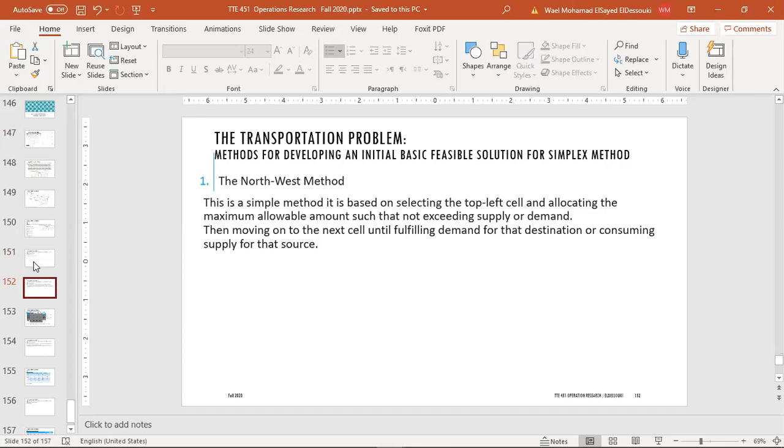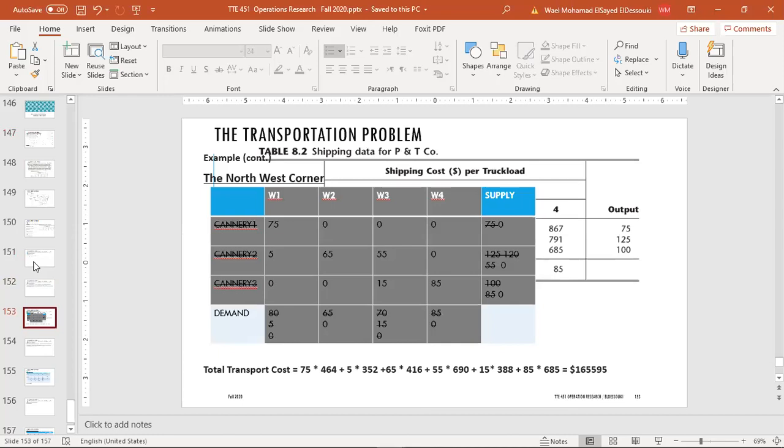We select just the most top left cell, and we allocate as much as we can, such that we do not exceed the supply or the demand. Once we consume a supply or demand, we cross it out, then we move to the next cell, and so on. As we showed in this example, we picked this cell and assigned 75. That's the maximum, 75, the supply from cannery 1.